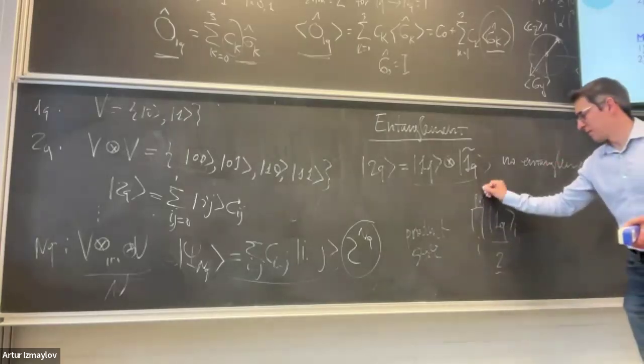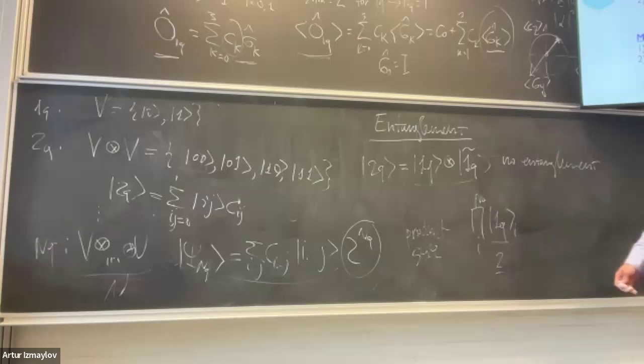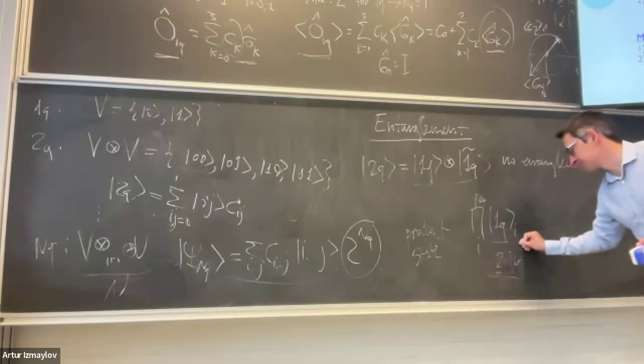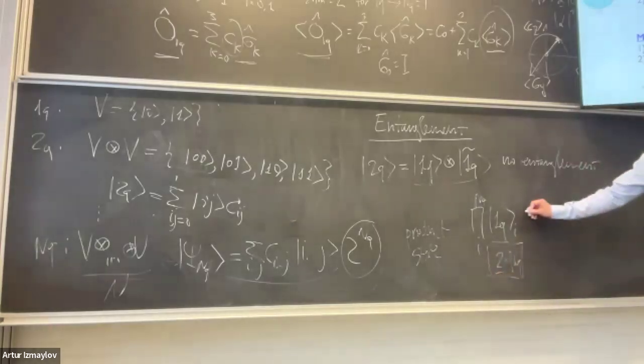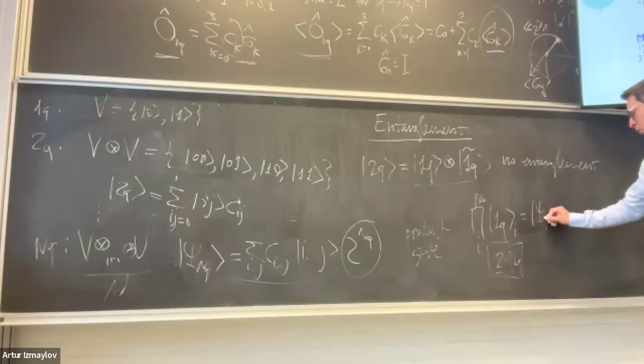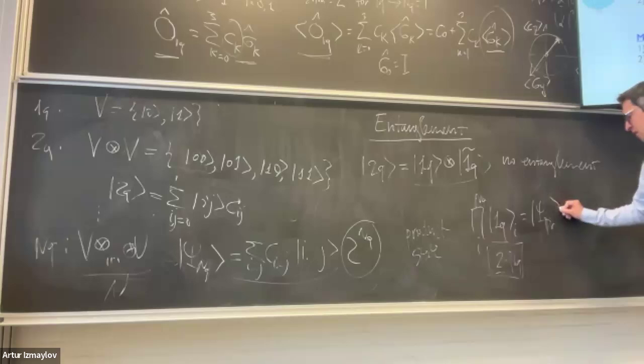And if we have an n qubit state, then it's 2 times n parameters that you can encode in this product state, right? And this is not much information-wise.